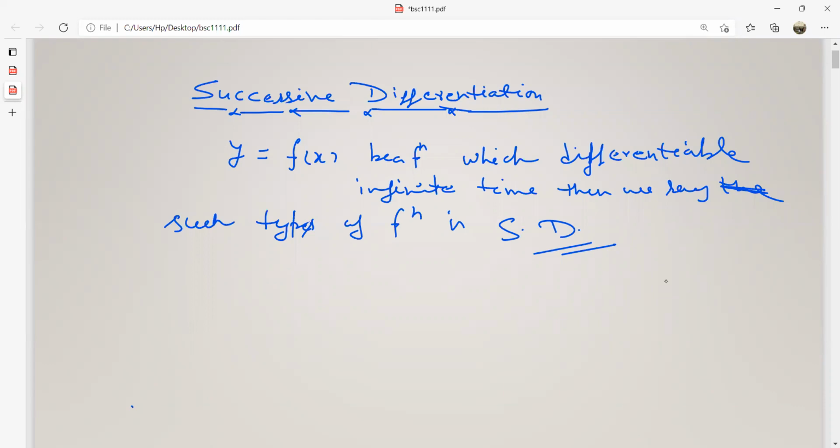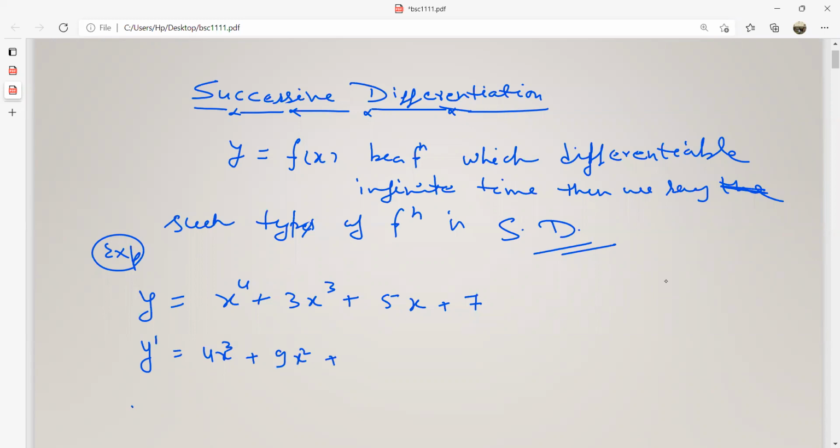Let us suppose I am taking a simple example. Suppose you are given y equal to x to the power 4 plus 3x to the power 3 plus 5x plus 7. A small example of degree 4. If we differentiate this function with respect to x, we find 4x cube plus 9x square plus 5.